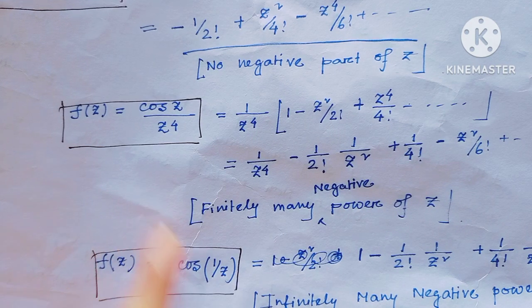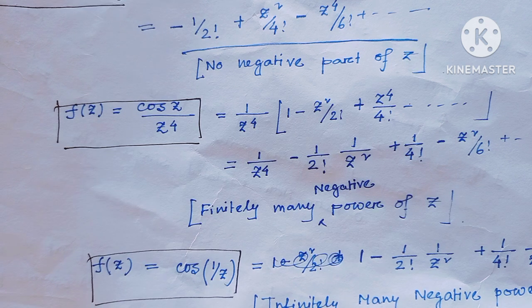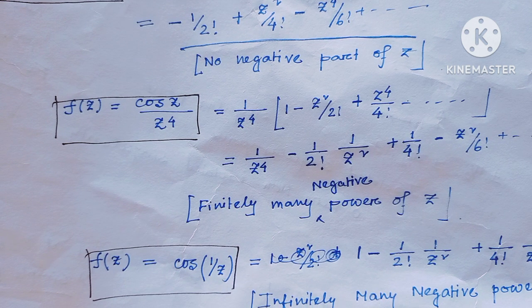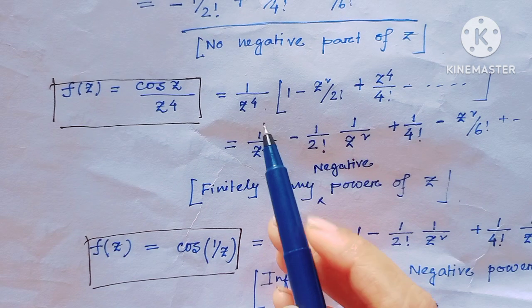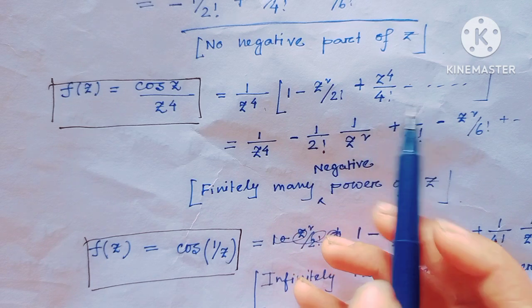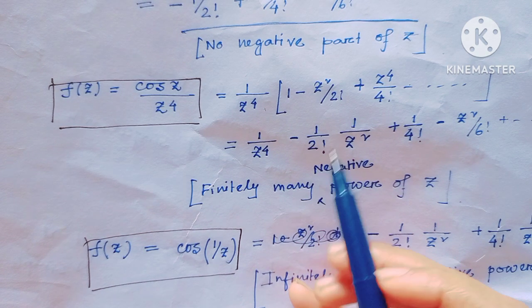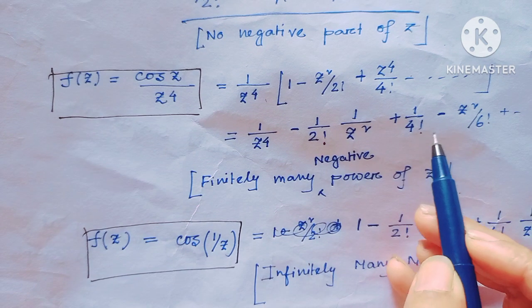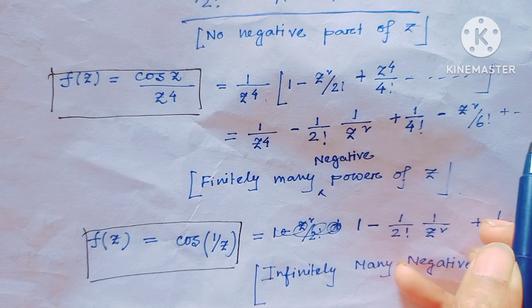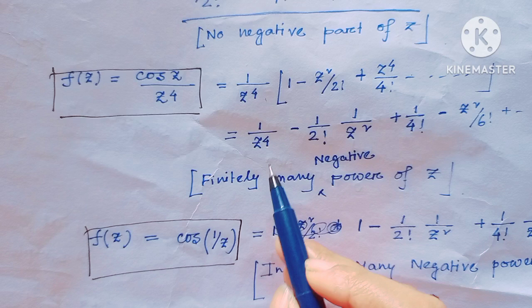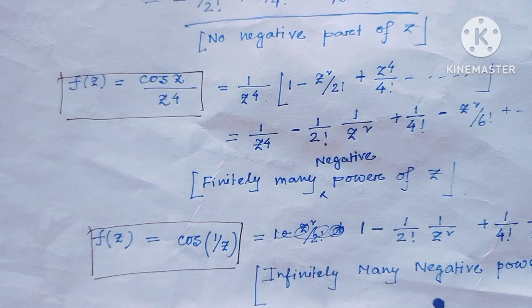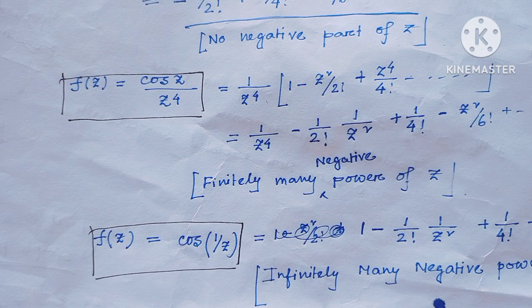Next function: f(z) equal to cos z over z to the power 4. Cos z means 1 minus z square over 2 factorial plus z to the power 4 over 4 factorial minus and so on, divided by z to the power 4. So the function would be 1 over z to the power 4 minus 1 over 2 factorial times 1 over z square plus 1 over 4 factorial minus z square over 6 factorial, and so on. Here finitely many negative terms of z exist. So this is a pole.